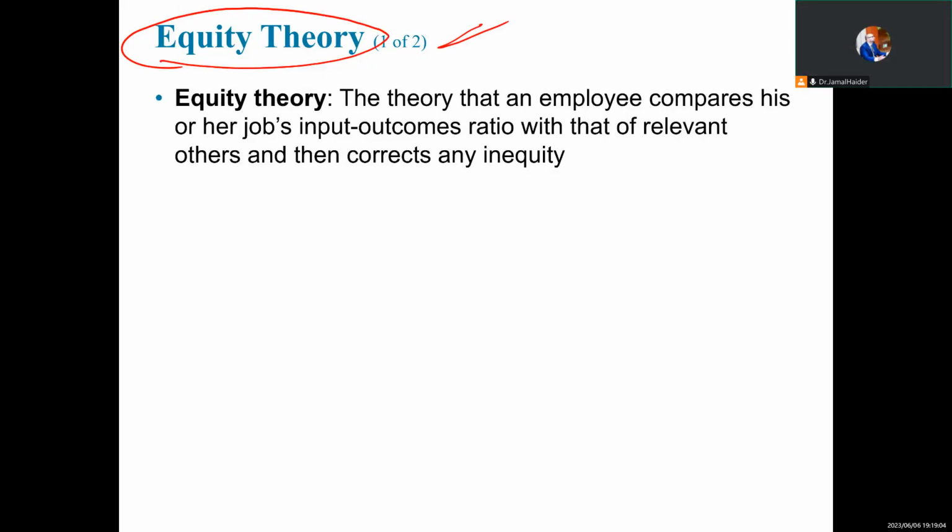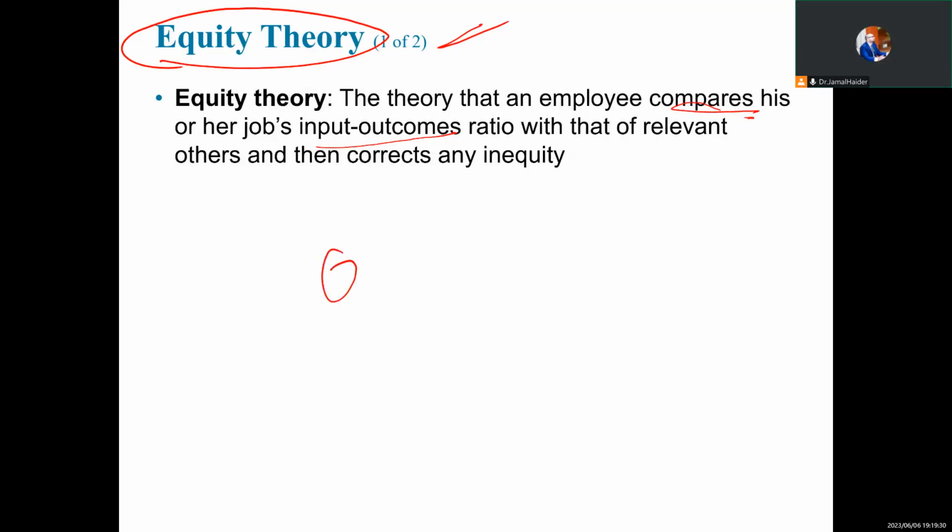Equity theory says that people are satisfied with their job when they compare their job's input-output ratios relative to others, and that's it. If they have inequity, they would be dissatisfied.